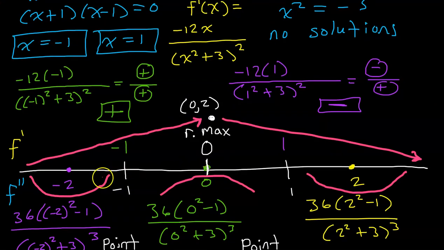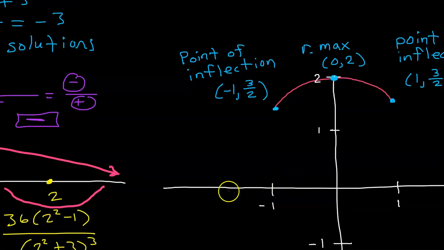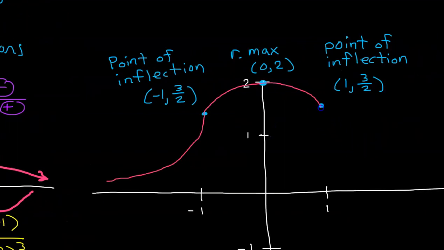Beyond those points, the graph should be concave up, all right? From negative infinity to -1, and from 1 to positive infinity, it should be concave up. So that's why in these intervals, the graph should be bending upward like this. Okay? So that's the idea.